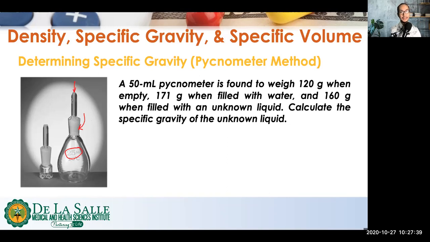Now, what you do is first you fill the pycnometer to the brim, until there is a concavity of liquid on the mouth of the pycnometer. And then you carefully place the stopper, and definitely the excess of the liquid will move to the capillary and some will actually spill over the capillary hole of the stopper.